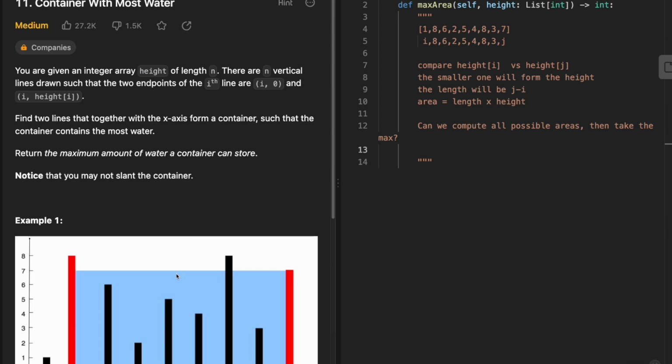Is that the most efficient way? Do we want to compute all possible areas and take the max? So for example, we're starting in here, right? And then we're moving in.